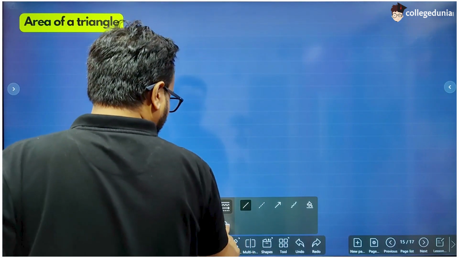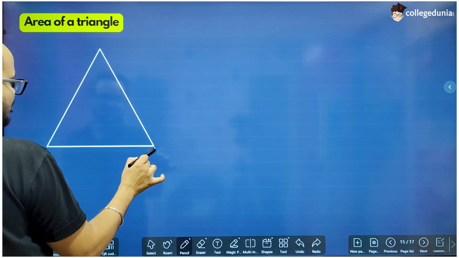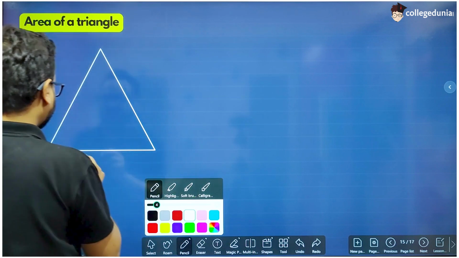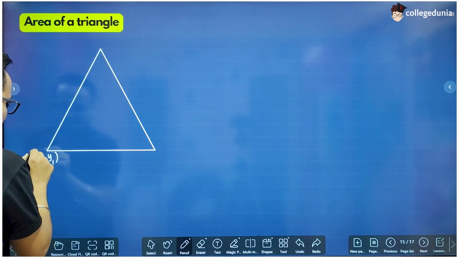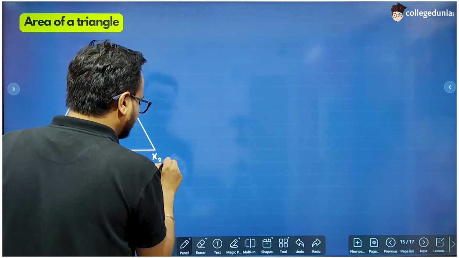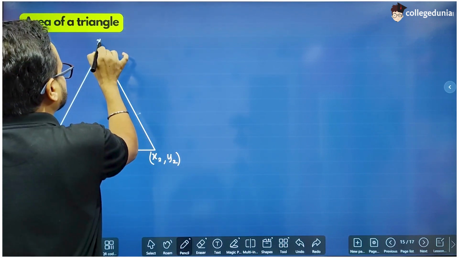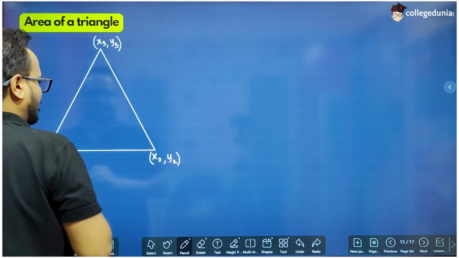The formula is to find the area of a triangle whose 3 vertices are given. Suppose we have this triangle and we know the coordinates of its vertices: x1 y1, this is x2 y2, this is x3 y3.